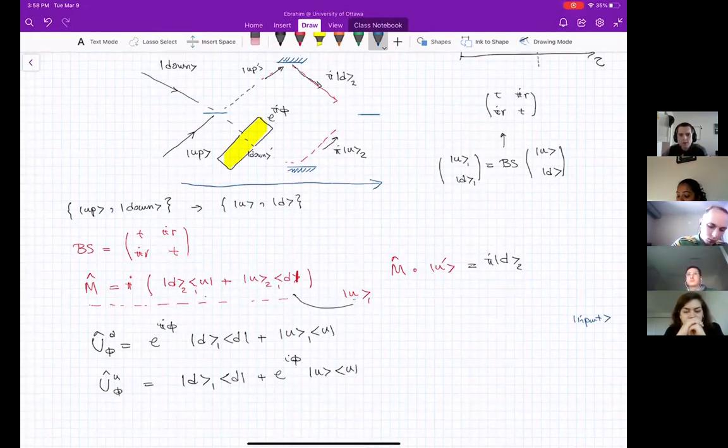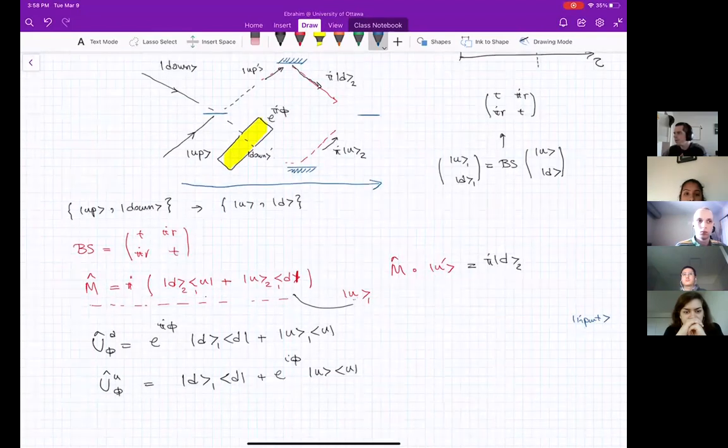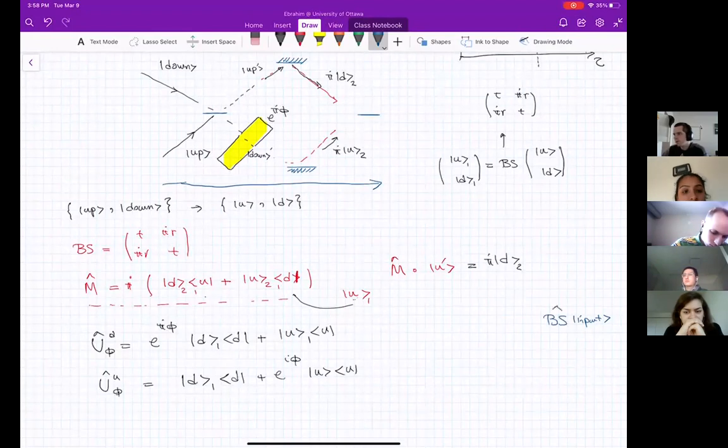When you have an input state, we don't know what the input state is. It can be in a coherent superposition of up and down, right? I have no clue at all. So what is the first element acting on? I go from left to right. Beam splitter. So the beam splitter will be the first action.